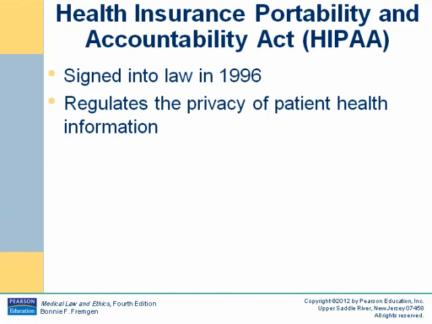HIPAA, if you did not know what the acronym meant, you should. It's the Health Insurance Portability and Accountability Act. It was signed into law in 1996, and it's a big, important thing. It regulates the privacy of patient health information.